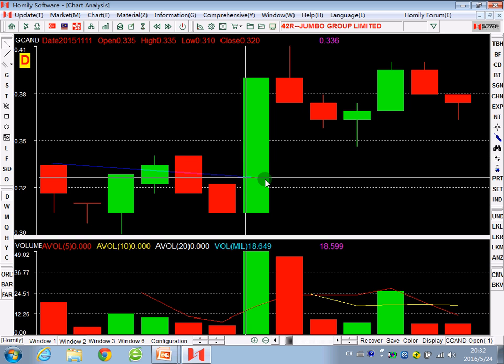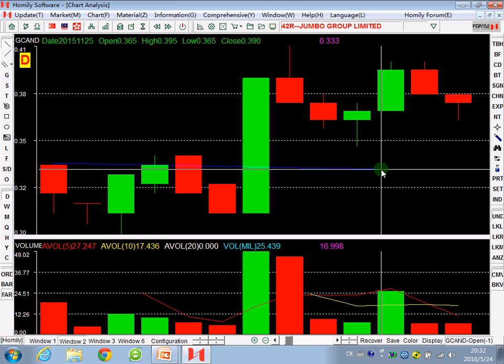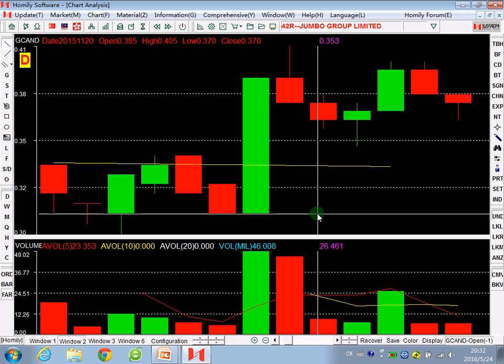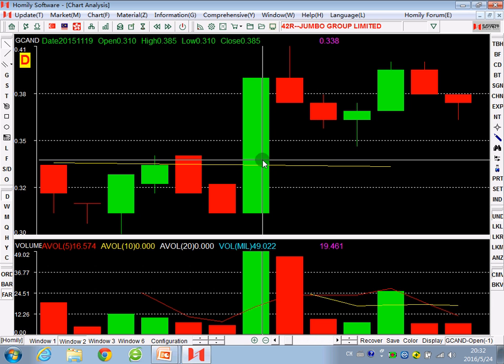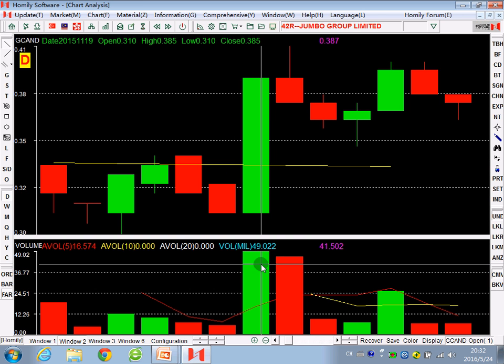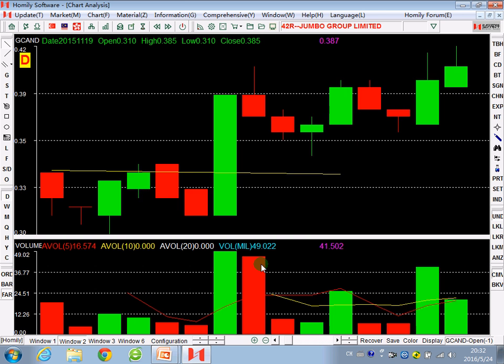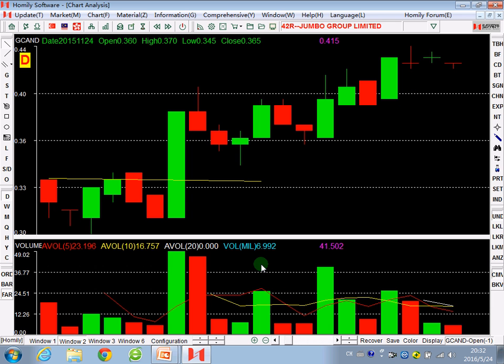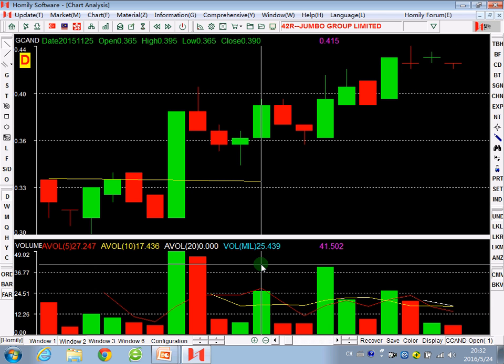Okay, so this one. Then the price after the breakthrough, buy or not? You should see the close price after the breakthrough, not the high price. Okay, the close price after the breakthrough on high volume, buy or not? Buy. Okay. Then we can see the next one, sell or not?